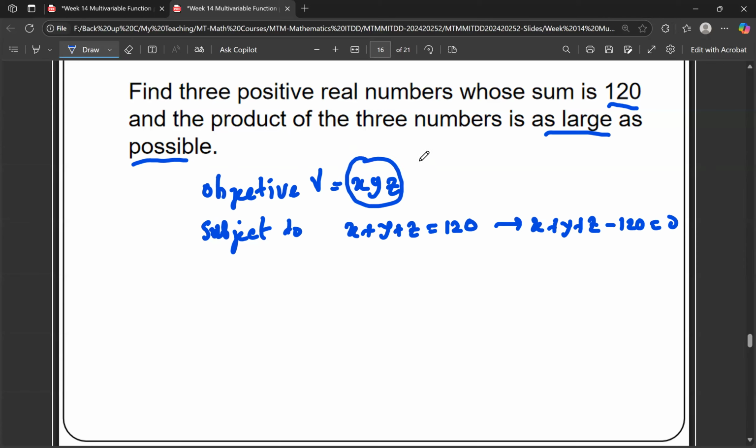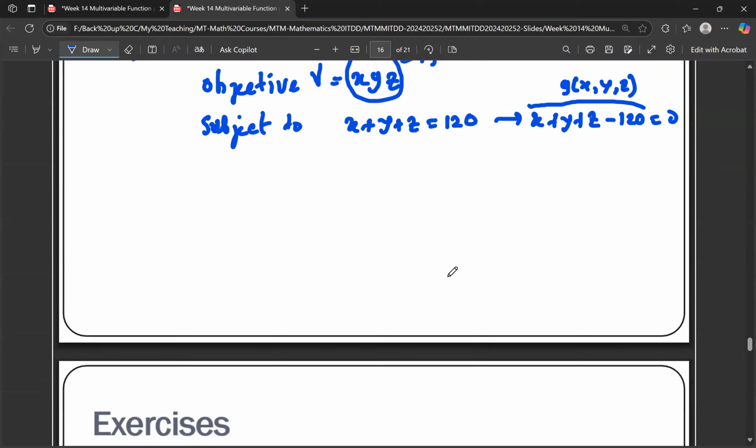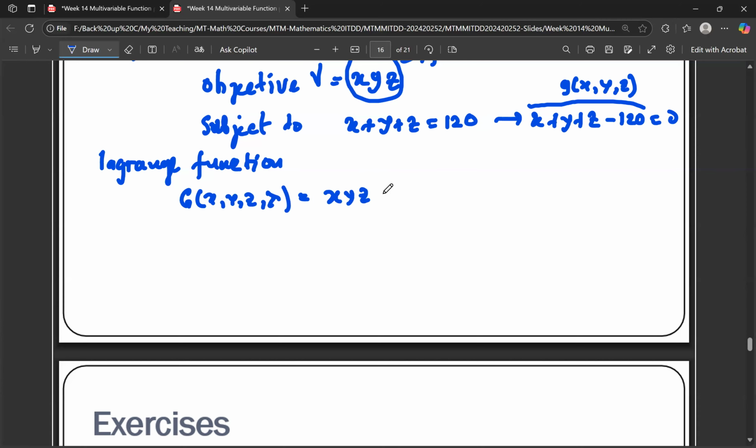This is the function g of x, y, and z. Then the Lagrange function will be the main function xyz, plus lambda times (x plus y plus z minus 120) equal to... stop here. This is the Lagrange function.